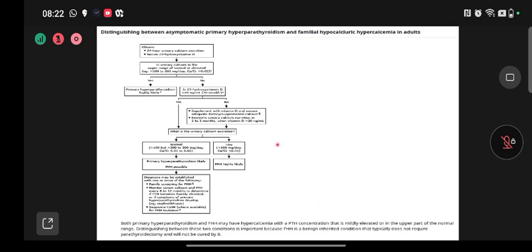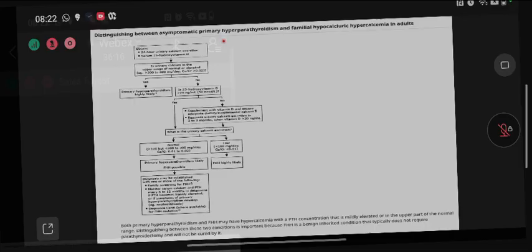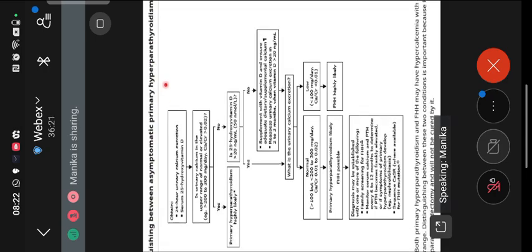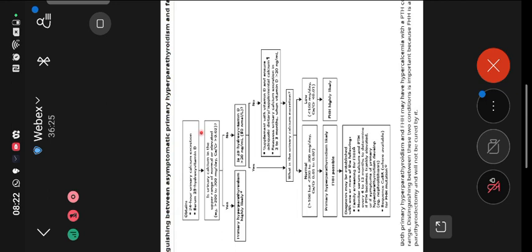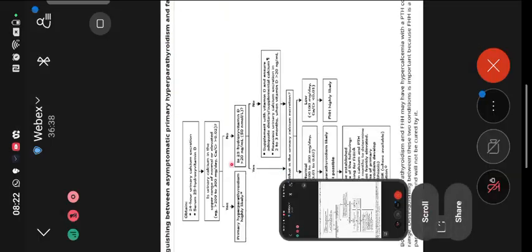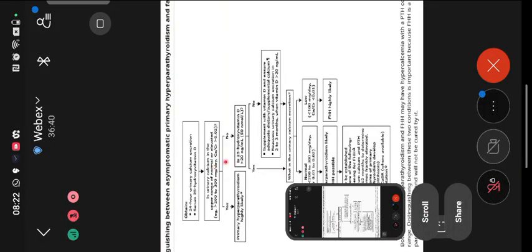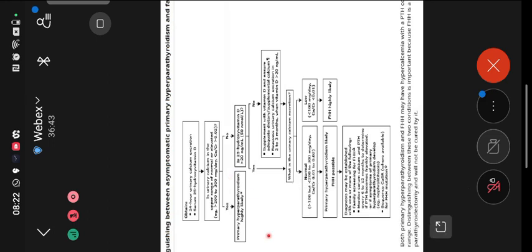Coming to the flow chart, in between asymptomatic primary hyperparathyroidism and familial hypocalciuric hypercalcemia, there is a 24-hour urinary calcium excretion, and there is a measurement of the serum 25-hydroxyvitamin D. If the urinary calcium is in the upper range of normal or elevated, that is, if the calcium excretion in the urine is more than 200 to 300 milligrams per day, and the calcium creatinine ratio is high, that is more than 0.02, then likely there is primary hyperparathyroidism.